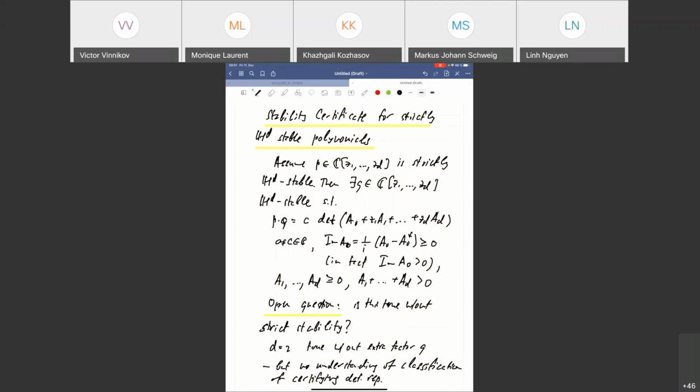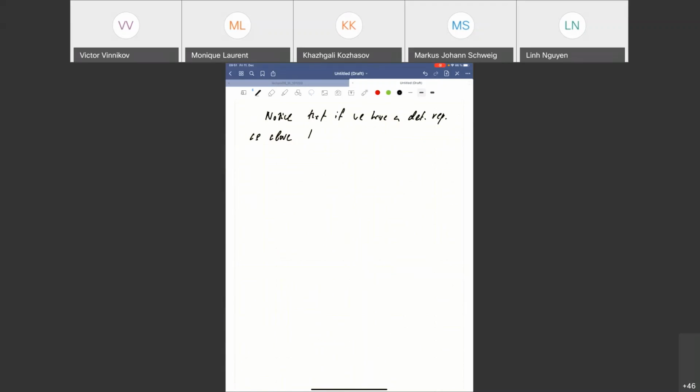So if you have such a determinantal representation, then Pn times Qm up to a factor is the determinant of Z1A1 plus ... plus ZDAD, where Pn, Qm are highest degree homogeneous components of P and Q.